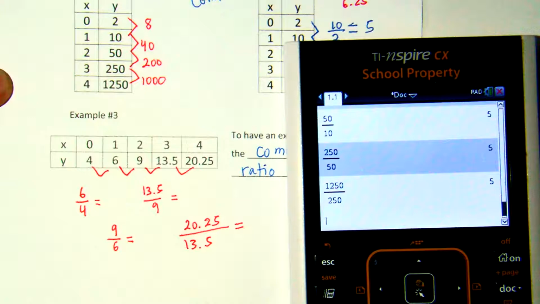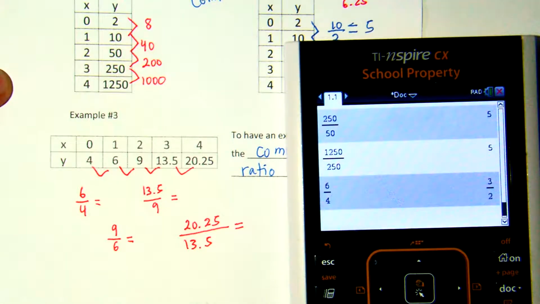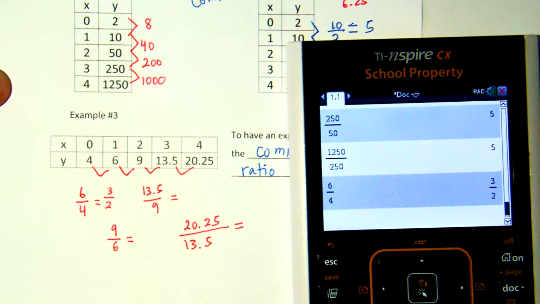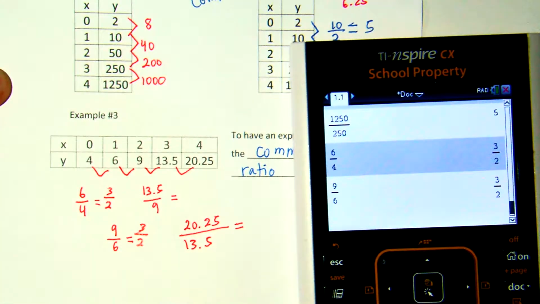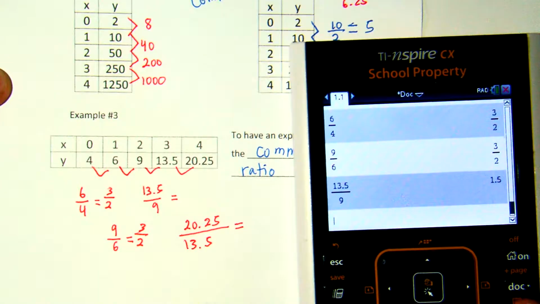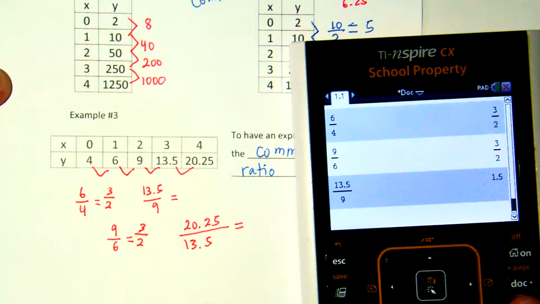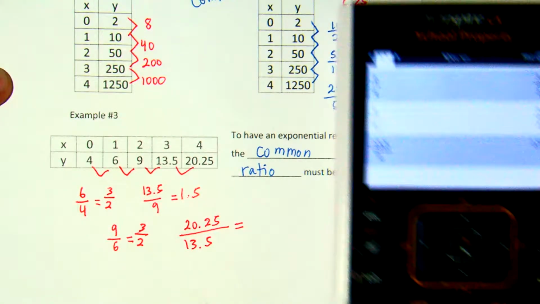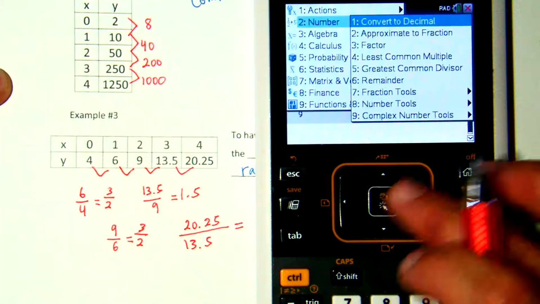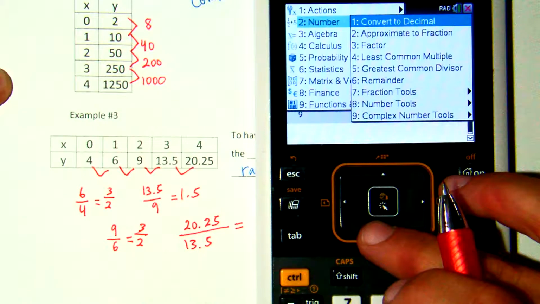So what's 6 divided by 4? We get 3 halves. What's 9 divided by 6? We got 3 halves again. What's 13.5 divided by 9? That's 1.5. Now what you can do is press menu, number, and approximate to fraction.